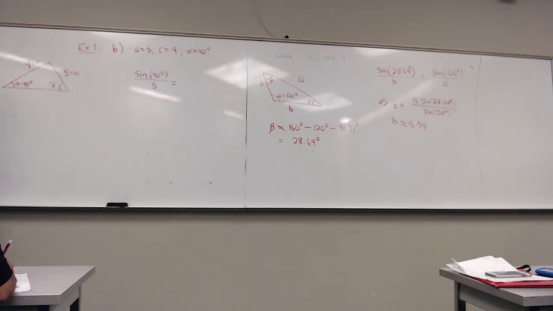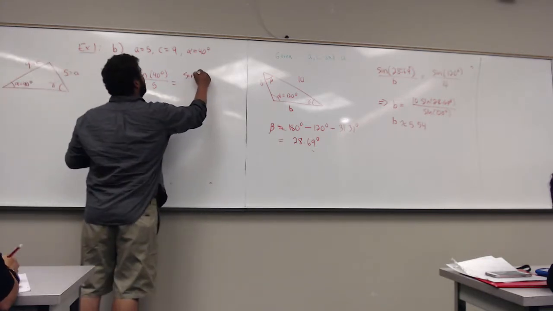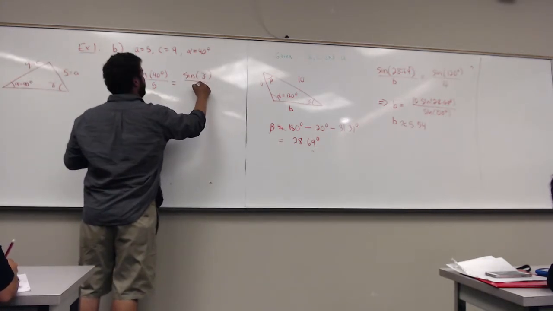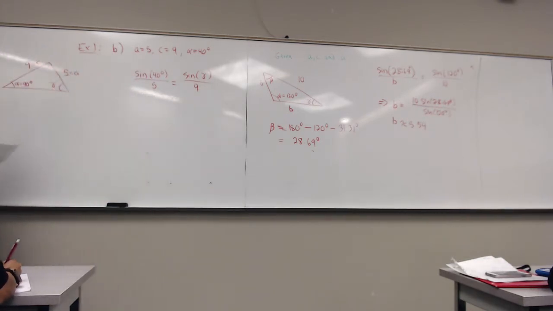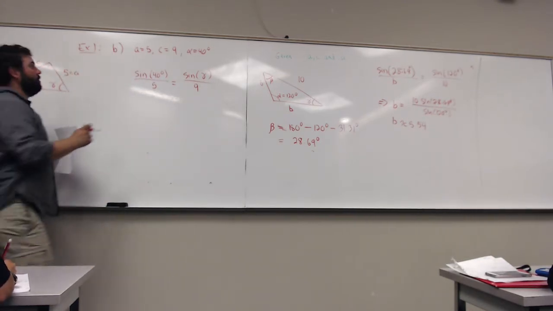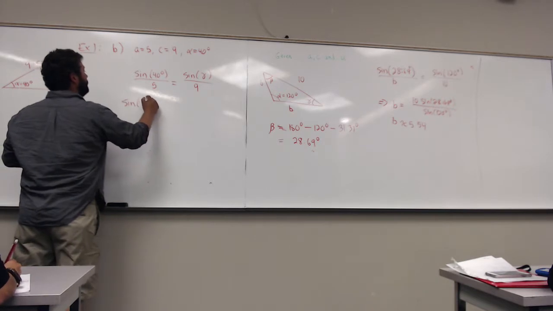So step 1, use law of sines. Sine of 40 degrees over 5 has to equal sine gamma over side length C, which is 9. Then you can multiply both sides by 9 to solve for sine gamma.